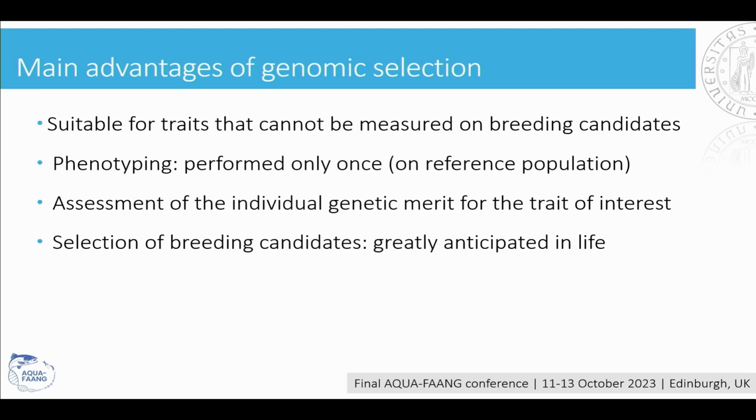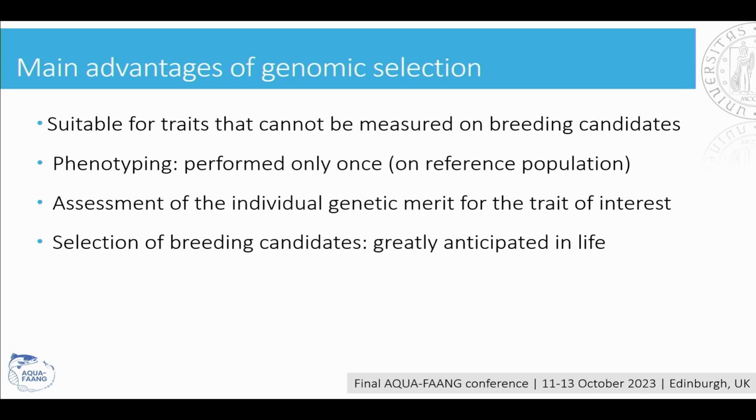So genomic selection has very good advantages. It's suitable for traits that cannot be measured on breeding candidates, so all the traits that require a challenge or the slaughter of the animals can be improved using genomic selection. Phenotyping could be performed only once on the reference population. We will see if this is really true or not.